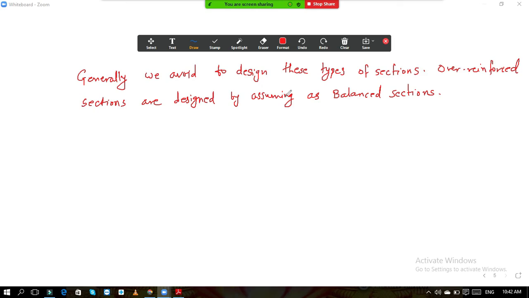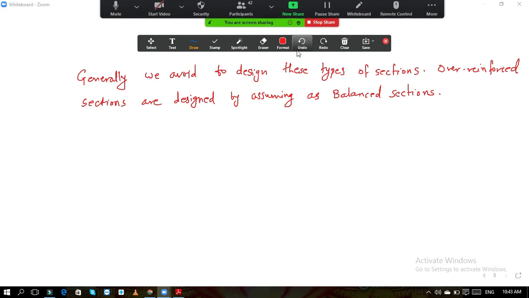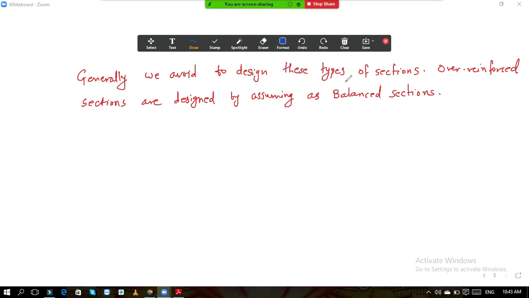And if on the site, because of loading, such a condition comes that we have to design an over reinforced section, while designing it also we assume it as a balanced section, and then we will design it. Okay, so we will see in the numericals. Now we will take the numerical so that it will be clear to you how to solve the problem and what to do. Okay, so now I will write the first problem based on this.